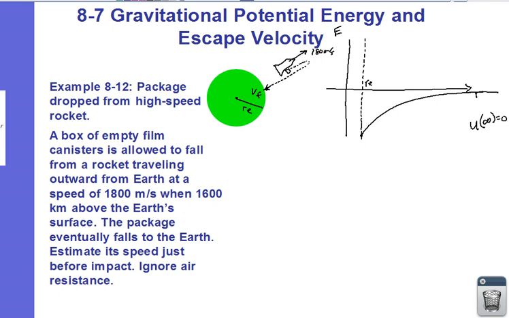We have this, we also have kinetic energy for this thing. So this thing has some initial velocity, so it also has kinetic energy. I'm going to draw that up here. So since this is an energy curve, the object can also have some kinetic energy. So let's say that it is presently at this particular spot along the potential energy curve, and it's got kinetic energy as well. Now, when the film canister comes out of that rocket, it's going to continue to rise up and travel this way along that potential energy curve.